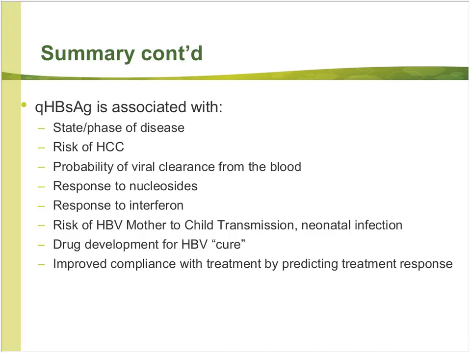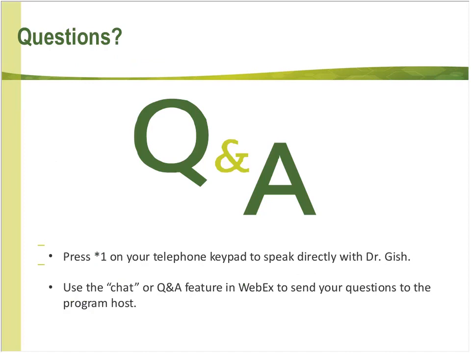Conversely, if the S antigen is not clearing, but the DNA has cleared, you're DNA negative, but S antigen, say, is running 2,000 to 5,000, then you're going to be saying, oh my gosh, we need to keep you on therapy, because if we stop treatment, you have a substantial chance of relapse. And then, of course, you could have a relapse, you could have a flare, you could have decompensation in that patient. So it really works in all patients to help with compliance. I think that's a very important issue.